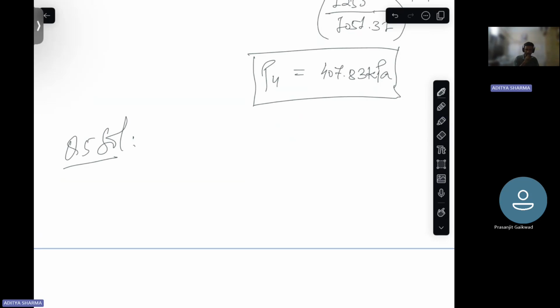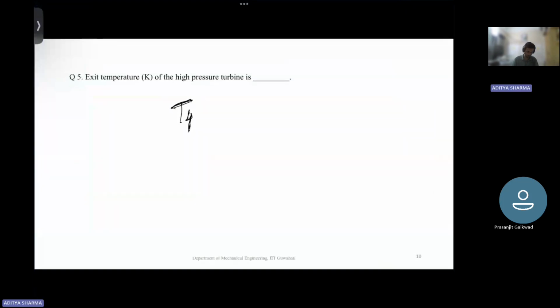So W, T4 we need to find out now. What does this ask?